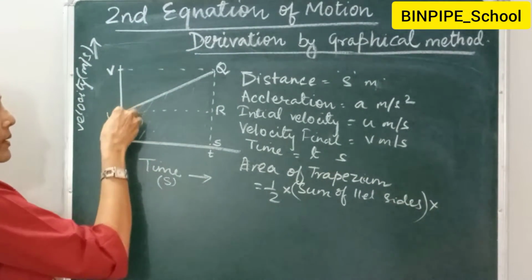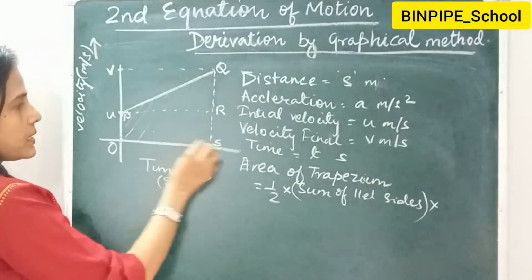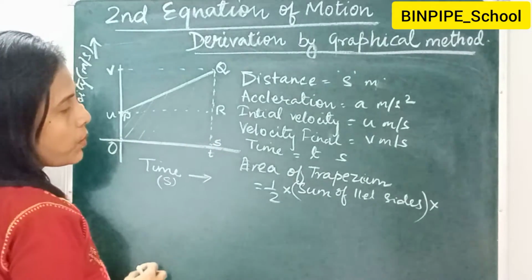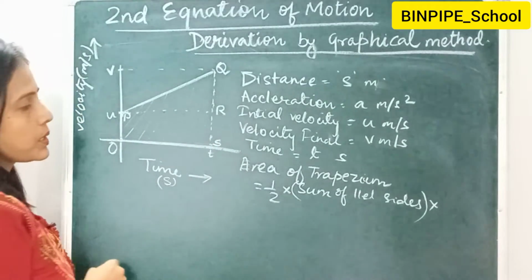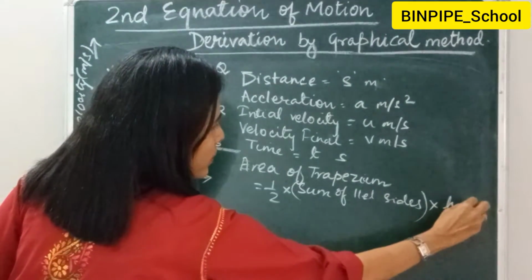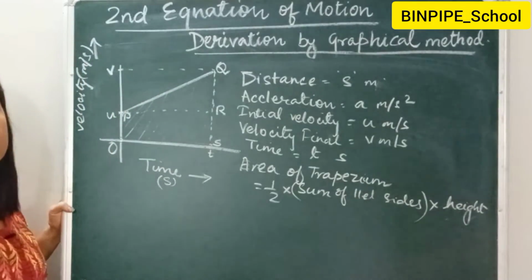Now which are the parallel sides? These two are parallel sides. And what is the distance? This is the distance, isn't it? The perpendicular. Sum of the parallel sides into distance between the parallel sides, or we can also write it as height.